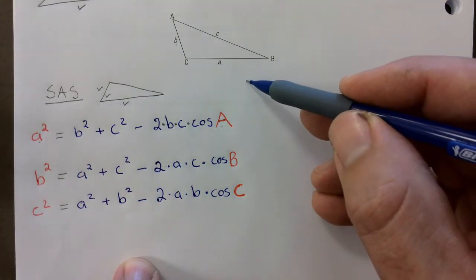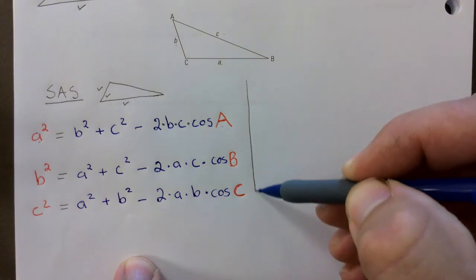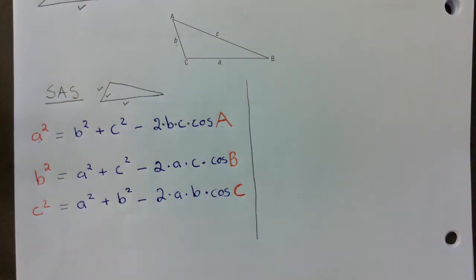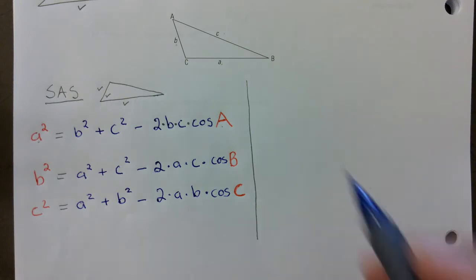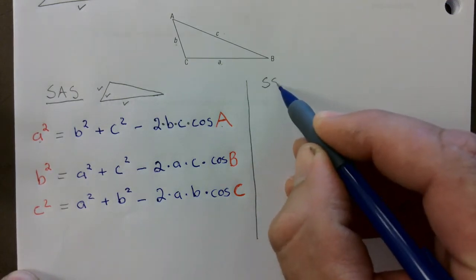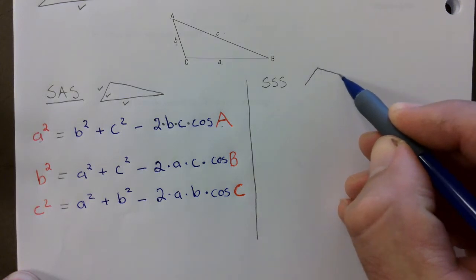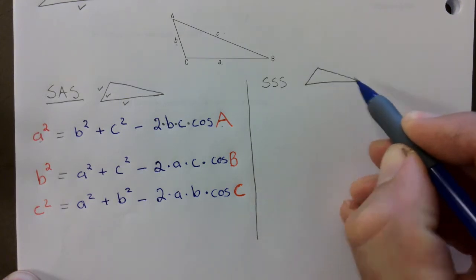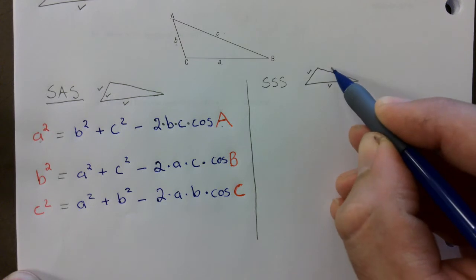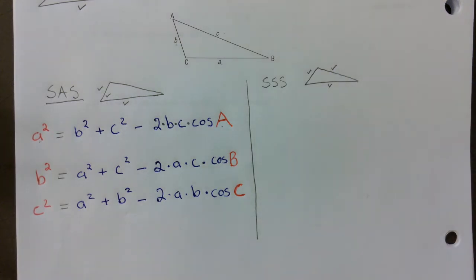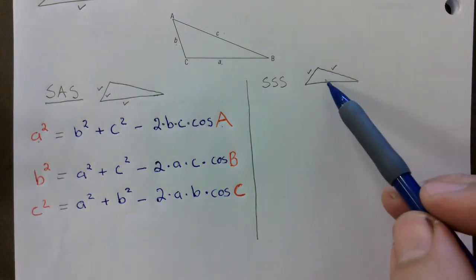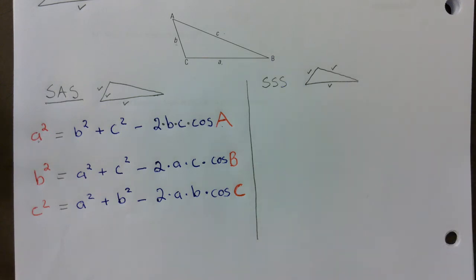Then we'll separate the left side, and on the right side, when you have the SSS scenario, it's check mark, check mark, check mark, all three sides. So if you know all three sides, you're going to have to use one of these formulas.